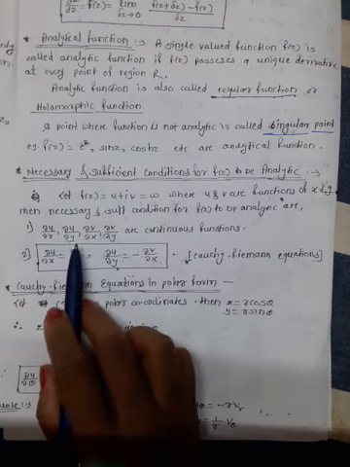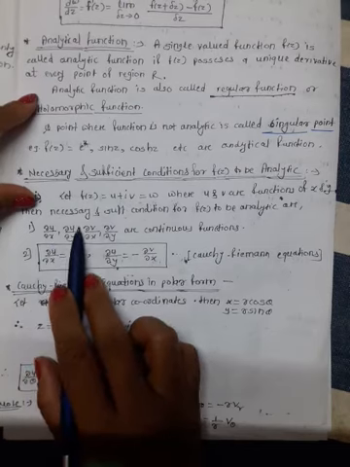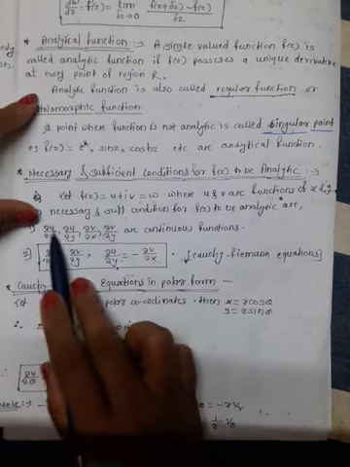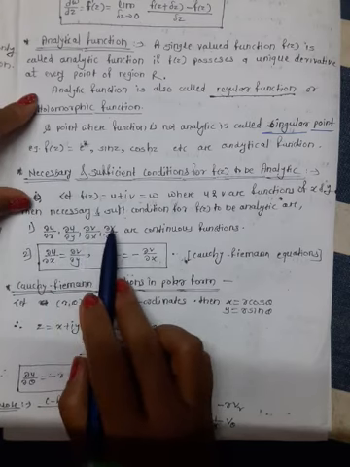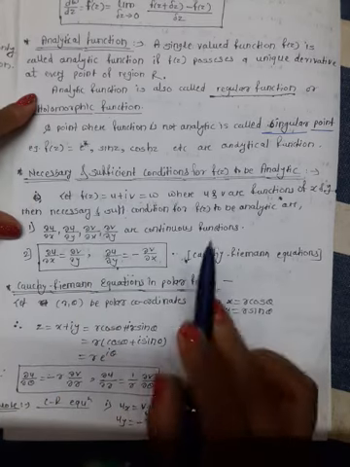Those are partial derivatives. Okay, the first condition is that dou u by dou x, dou u by dou y, dou v by dou x, dou v by dou y, the derivatives of u with respect to x and y and the derivatives of v with respect to x and y, are continuous functions. First condition.